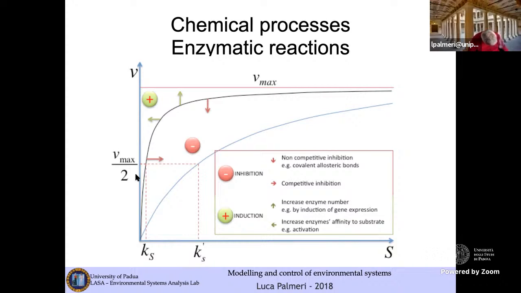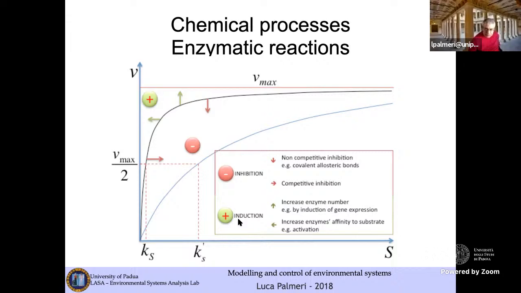When I say that you can employ these plots to describe the effects of enzymes on chemical reactions, I mean that you can describe two categories of effects. The first one is induction, or increasing of the reaction speed, and the second one is inhibition.